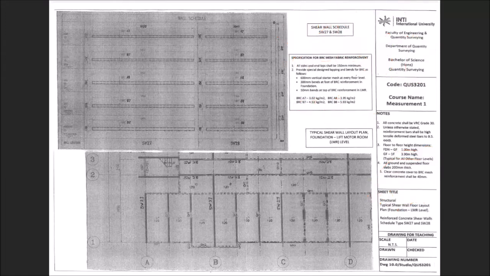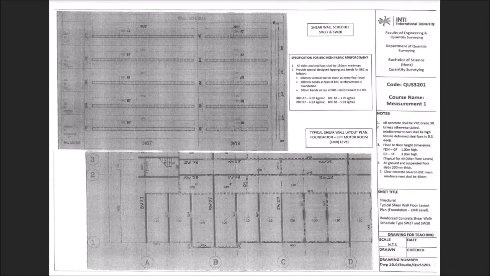Okay, let's refer to one of the examples of the measurement for the concrete. Remember, for the first one, you have to list down the items based on the category. So let's say I would like to discuss the item you have to measure for the concrete shear wall.